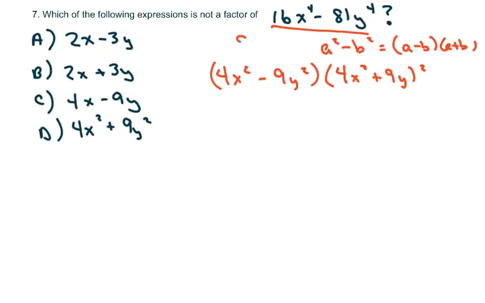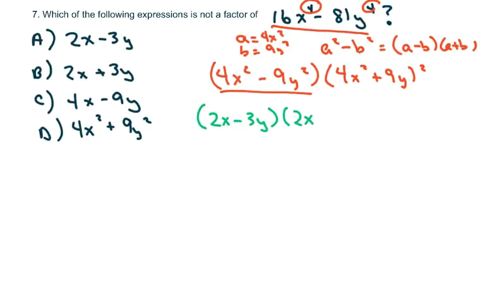This is when your a happens to be 4x squared and your b equals 9y squared. Now we can factor this further, and this would be 2x minus 3y times 2x plus 3y, and this we can't factor, so we leave that together.